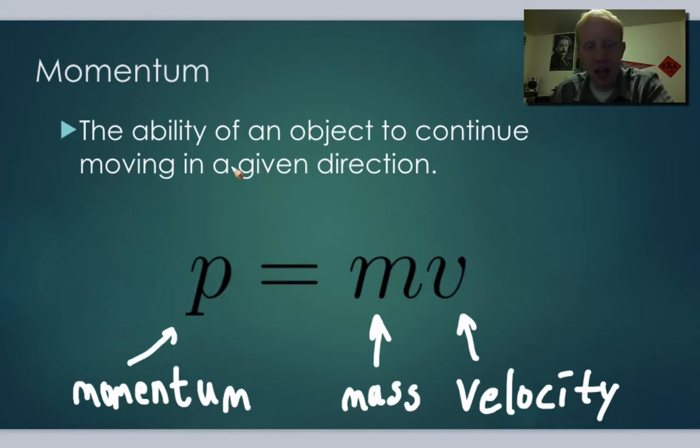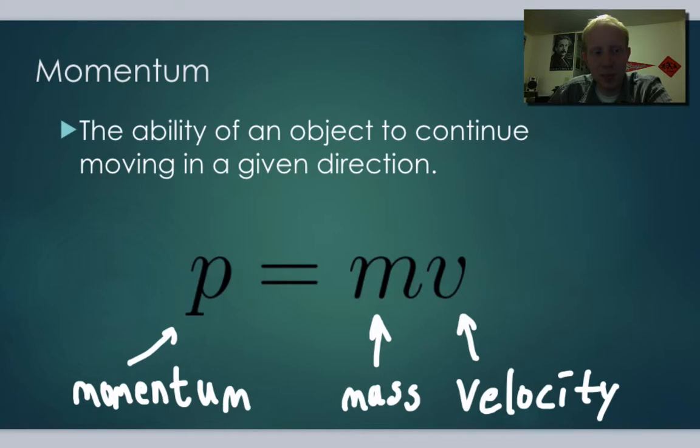That object has an ability to move in that direction and wants to continue moving in that direction even if other things are bumping into it. It has a lot of momentum. So large objects moving really fast have lots of momentum, which is why they're usually associated with things like football and tackles, large objects hitting into each other. That's momentum.